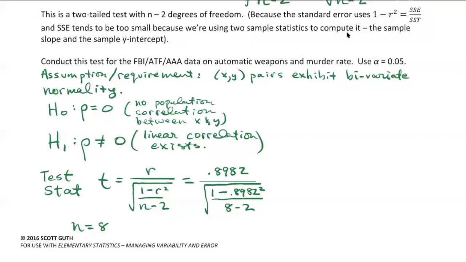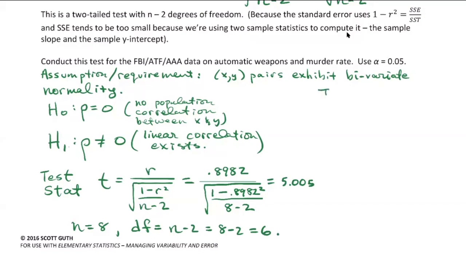Okay, remember the degrees of freedom are going to be 6 here. That's a really high t statistic, and I really don't know that my table A3 goes up that high, but we'll take a peek.